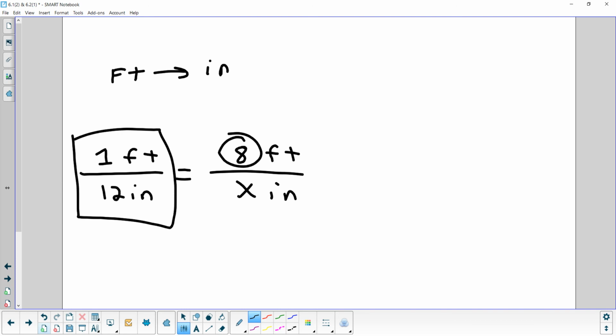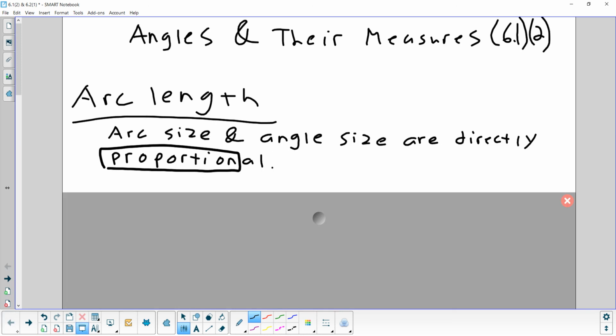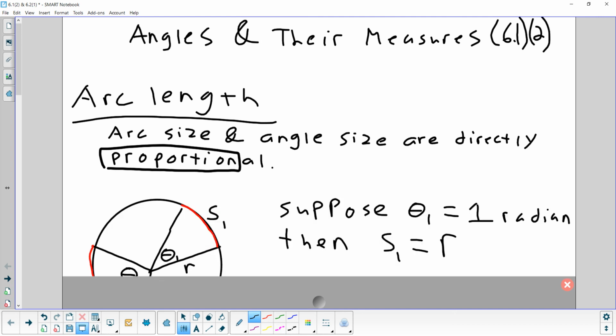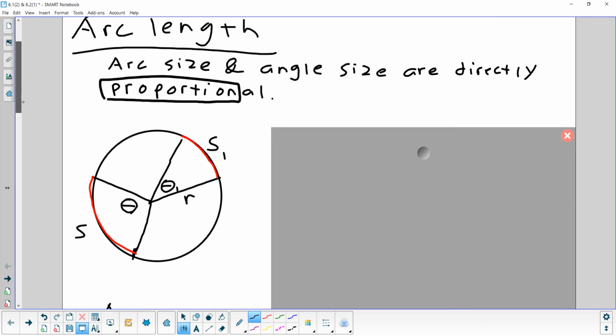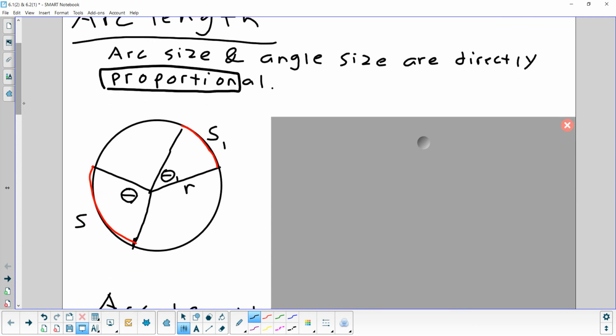We have to do the same thing here. We have to start with a true fact about arc length. And something we just went over, like 10 minutes ago, is going to help us. All right, so what I've drawn here is 2 angles called theta, theta 1.